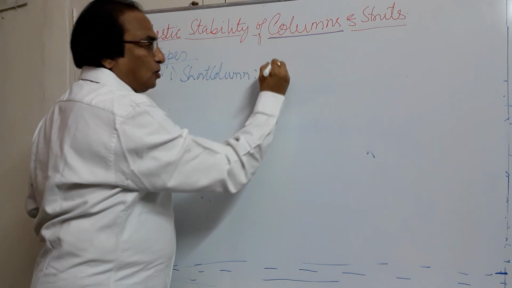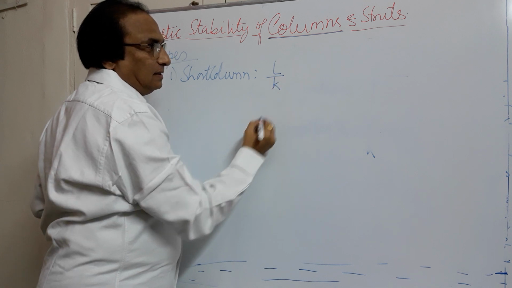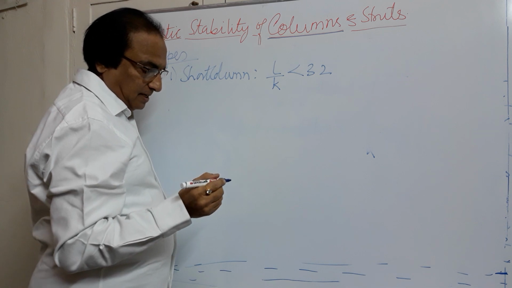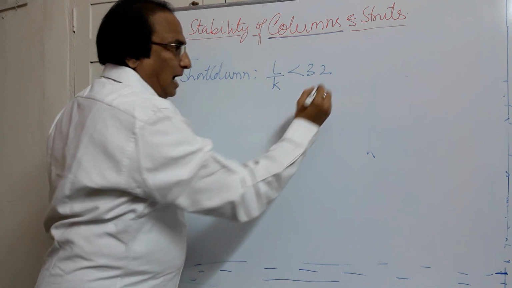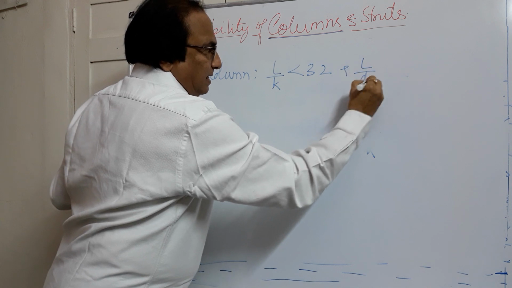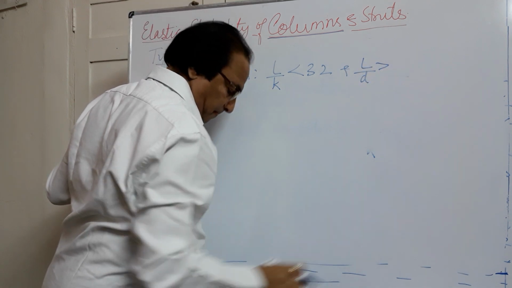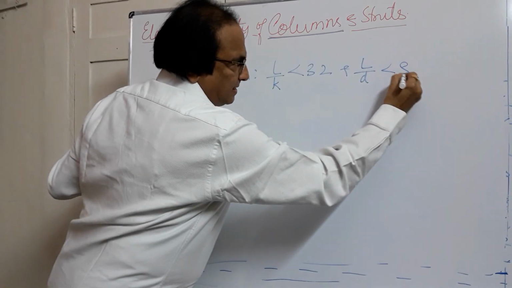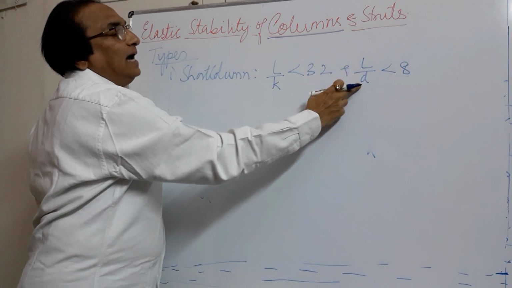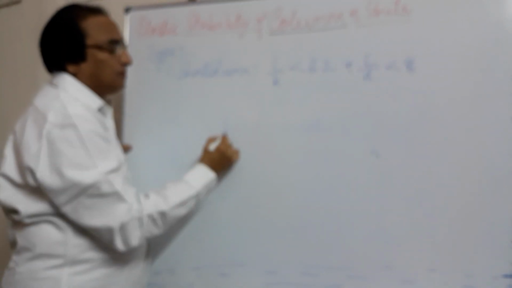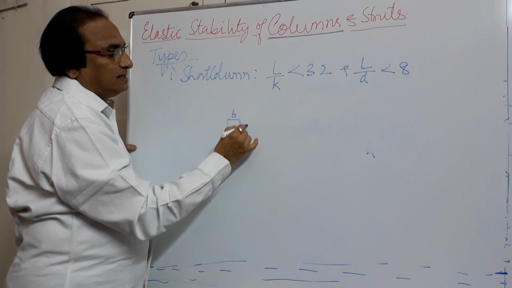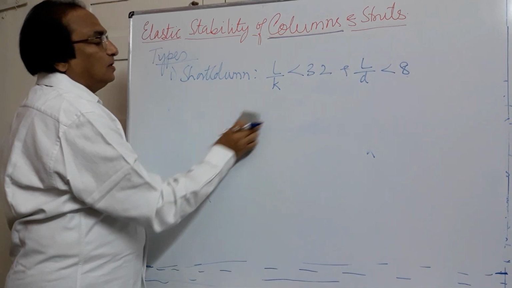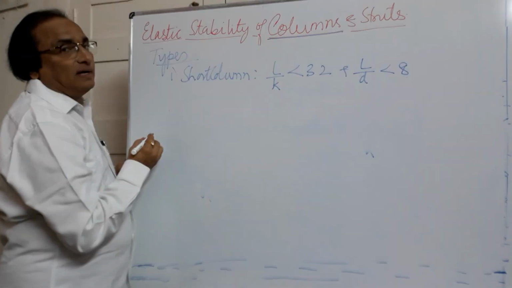We say the column is short when L by K, the slenderness ratio, is less than 32 and L by D is less than 8, where L is the effective span and D is the least lateral dimension. Suppose if it is a rectangle, this is B and this is D. Which is the least dimension? B is the least dimension, the least dimension of the column. When it is the case, we call the column a short column.